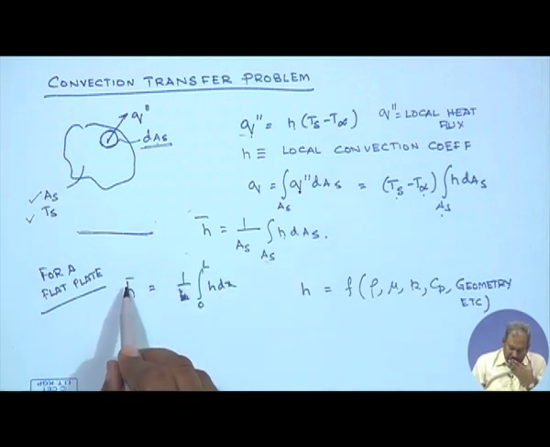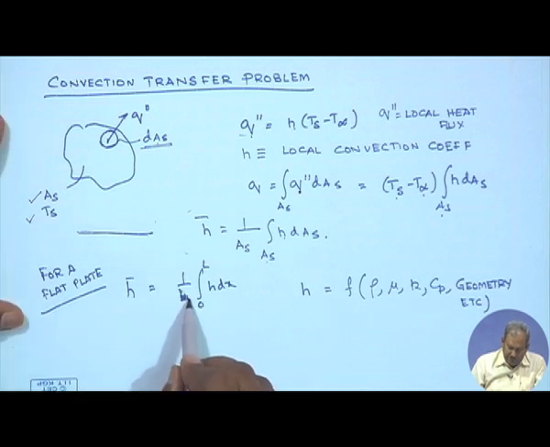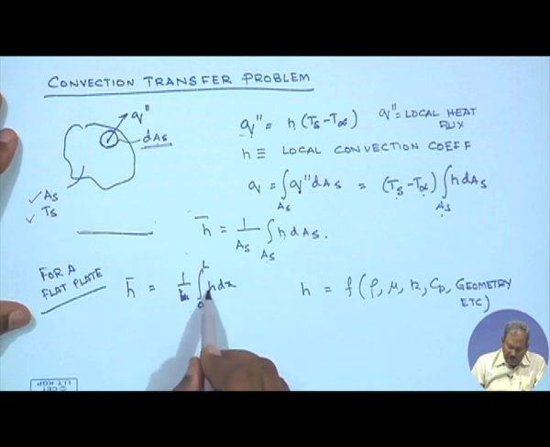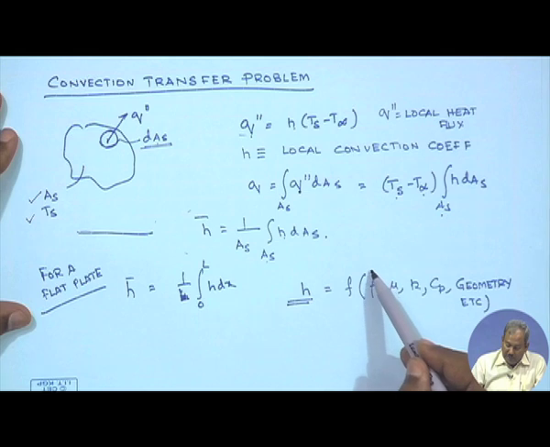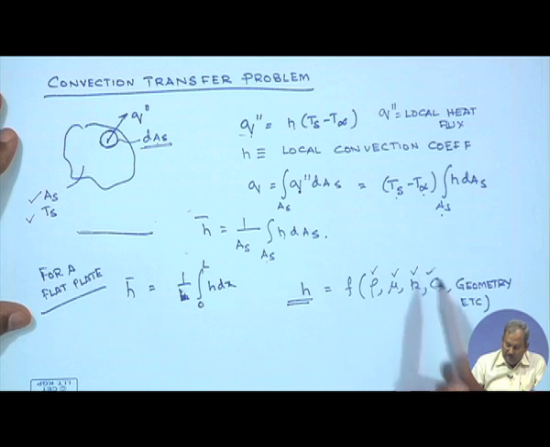So, the average heat transfer coefficient is simply going to be 1 by L, where L is the length of the hot plate, times the integral from 0 to L of h dx. This value for the heat transfer coefficient is going to be a function of properties like rho, mu, k, Cp. It is going to be a function of the geometry, among other things.